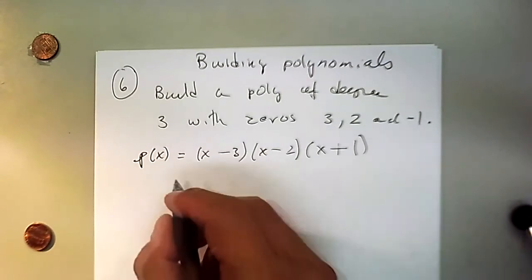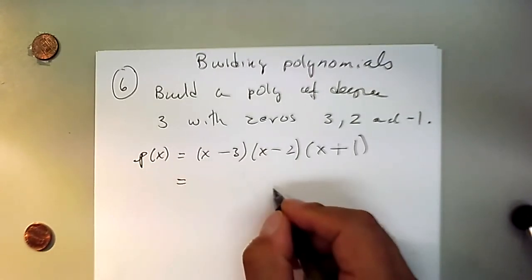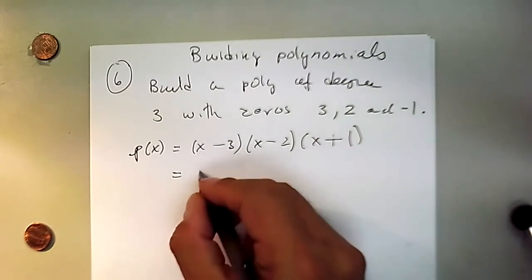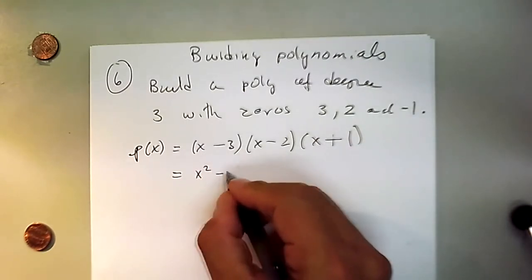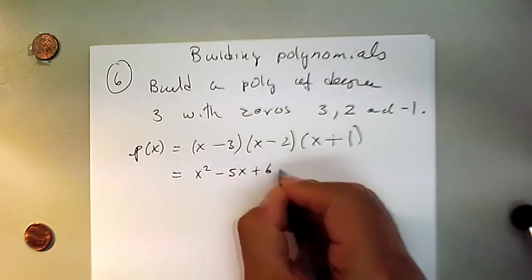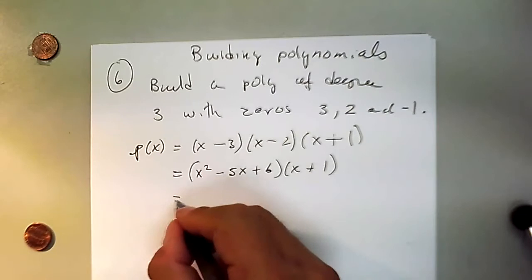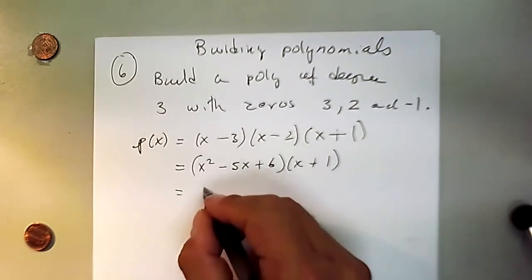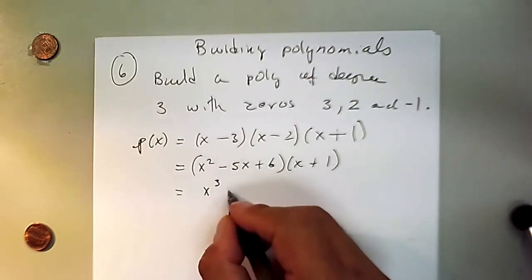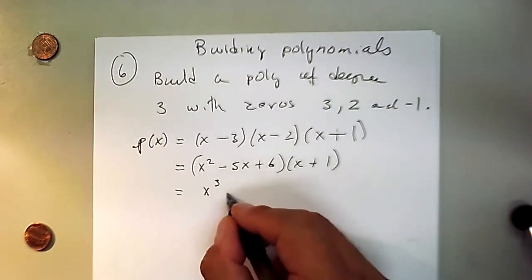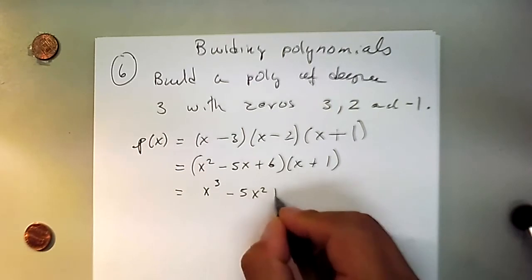And then we typically will ask to FOIL that out, to multiply it out. So multiplying those two will give us x squared minus 5x plus 6, and then multiply by x plus 1. And then that's going to give us x cubed. Well, I'm going to multiply now x with those, so x cubed minus 5x squared plus 6x.